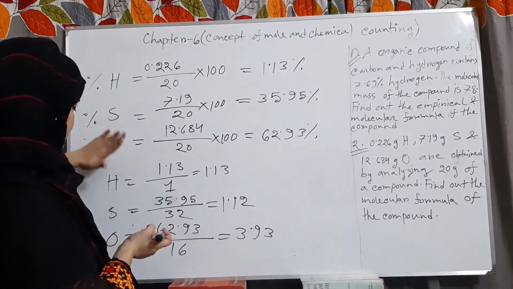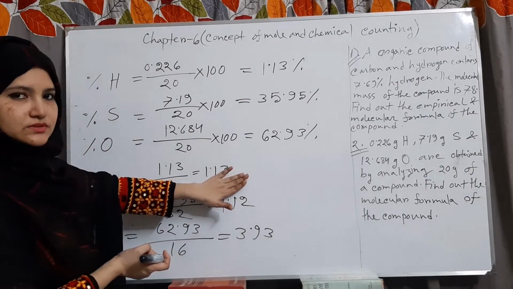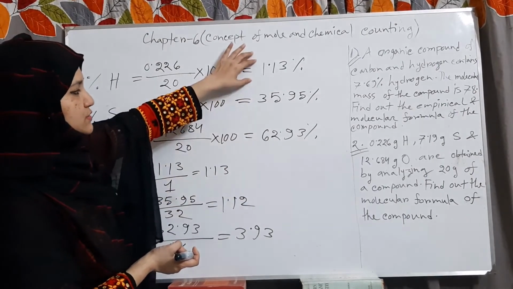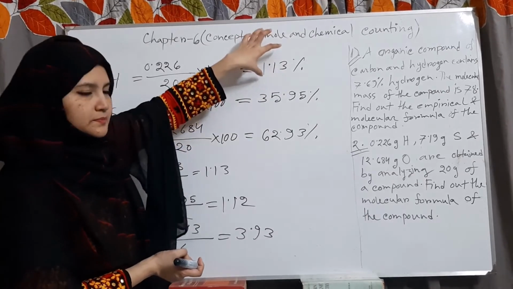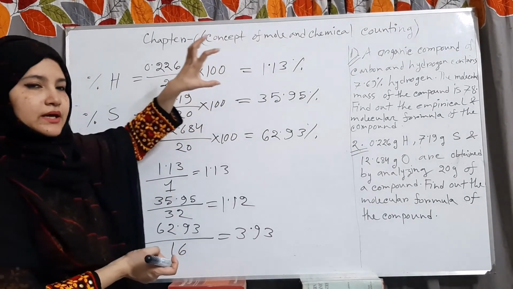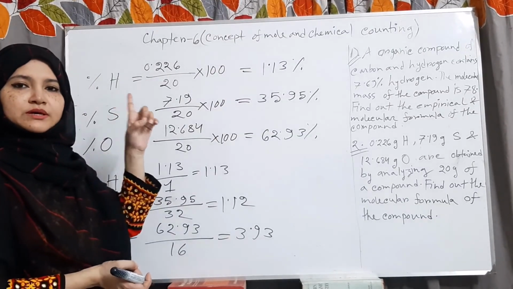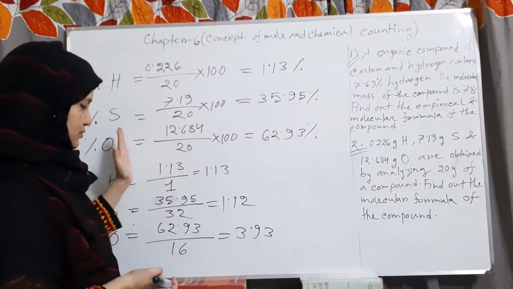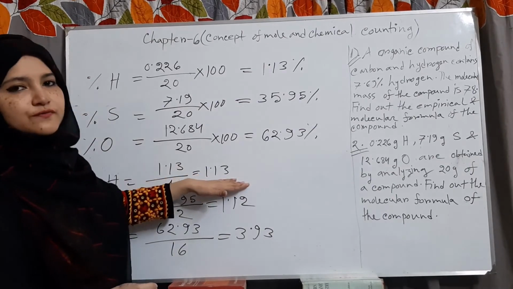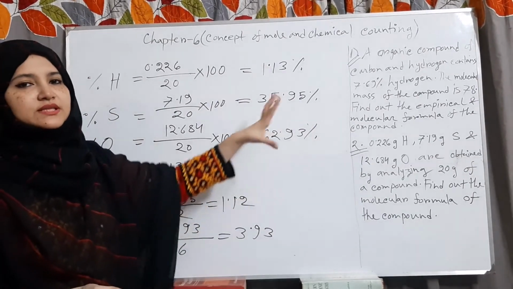This is the number of atoms. We divide percent composition by atomic masses, that means percent composition by the mass of one atom of each element. That's why we get the number of atoms which are present in that compound.